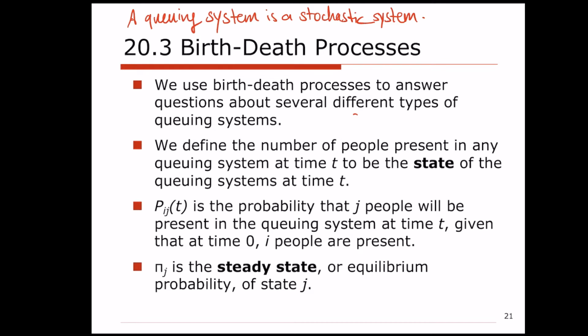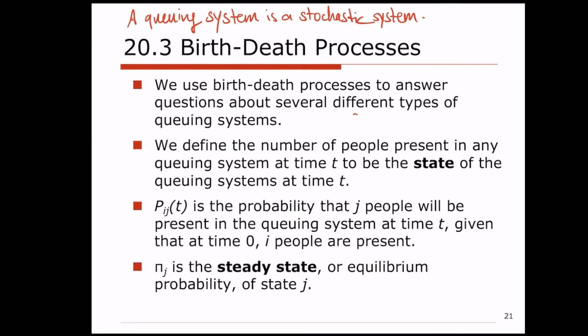If we look at the bank, for example, as an example of a queuing system, one of those characteristics of interest from the queuing system perspective is how many people are in the bank at any point of time, right? So obviously, if we are looking at the bank at a specific time, and then someone asks you, okay, how many people will be in the bank, let's say 2 hours from now, right?